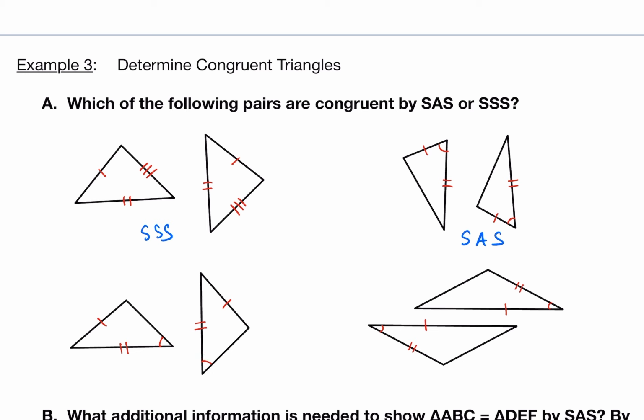It's kind of off to the side. So we would say that these are not congruent. And then the last pair, we have a side here, both of those are the same. This side here and this side here are the same. And we have the angle included inside these two sides, also equal to that. So we would say that these are congruent by side.